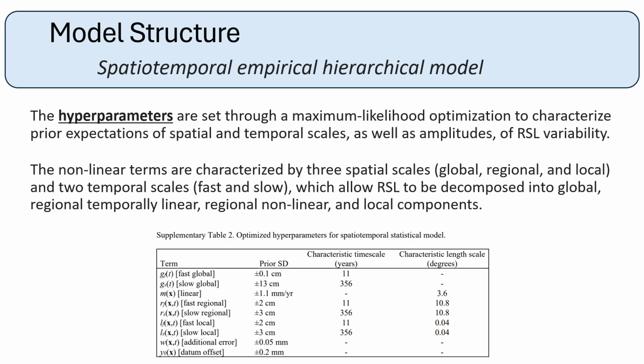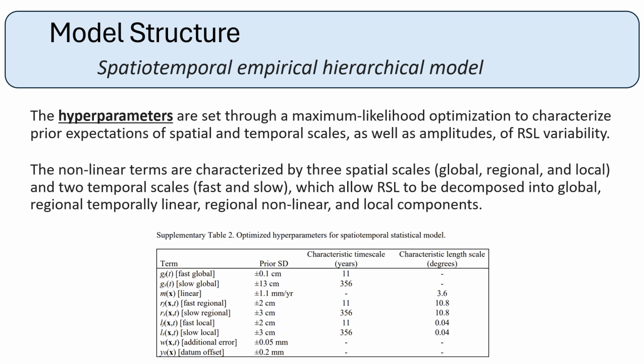As an example, this is what a table would look like of the optimized hyperparameters from the model, for example, using that global database. We have all of our terms there, each having a prior standard deviation. We have our characteristic time scale in years, so our fast and slow terms are 11 and 356 years.